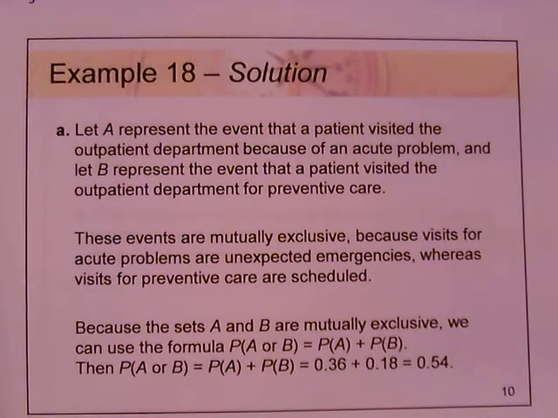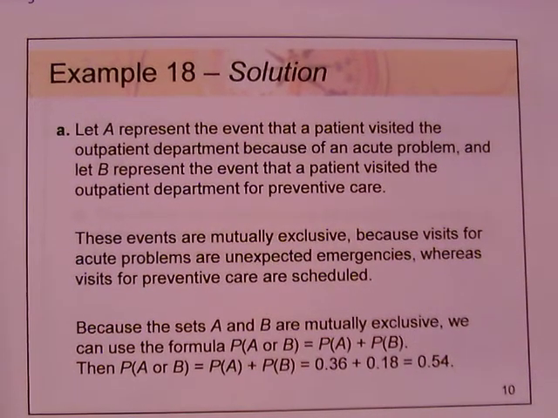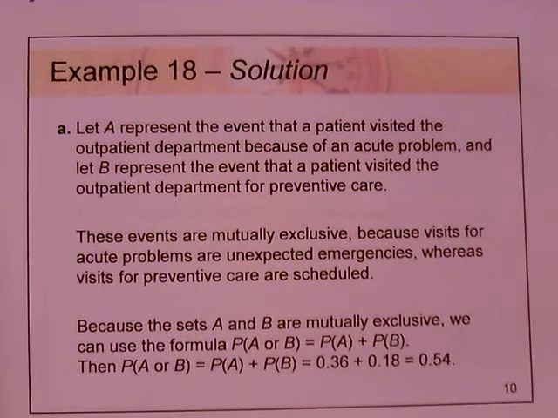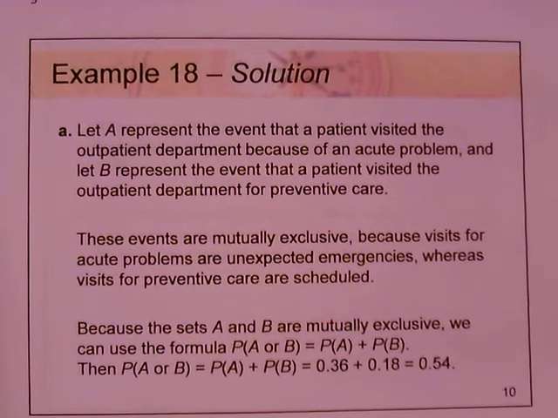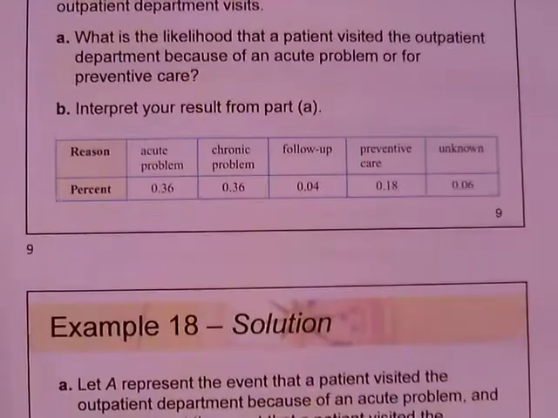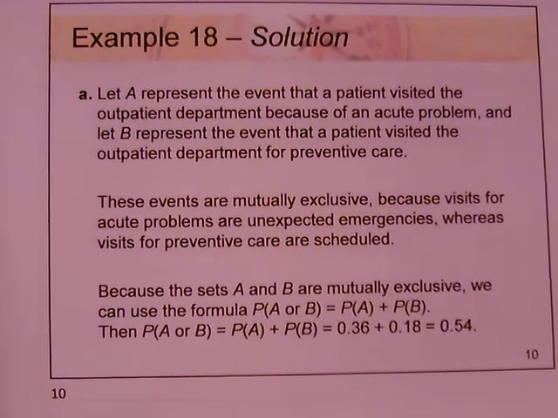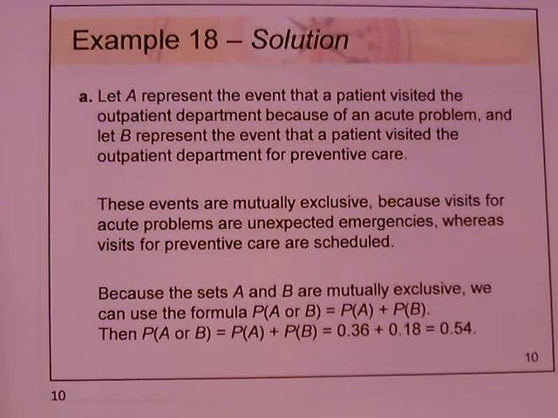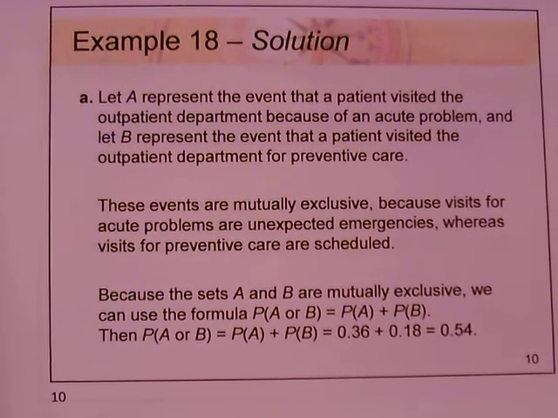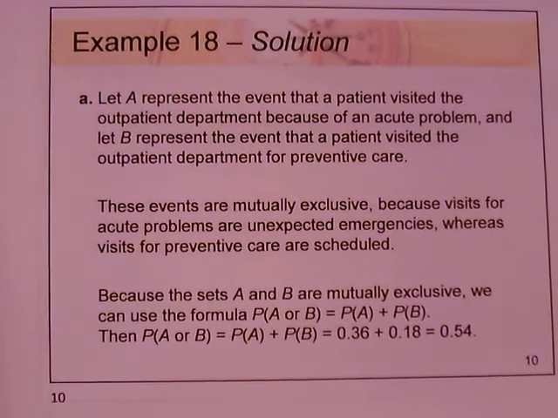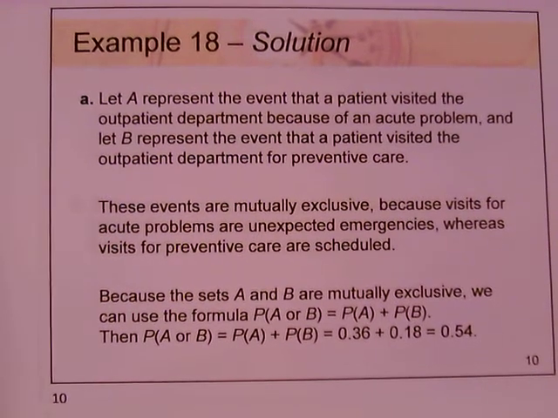So in this case here, 0.36 represents the probability that a patient visited the outpatient department because of an acute problem. That was 0.36, as you can see here. And the probability of B was the probability that a patient visited the outpatient department for preventive care.